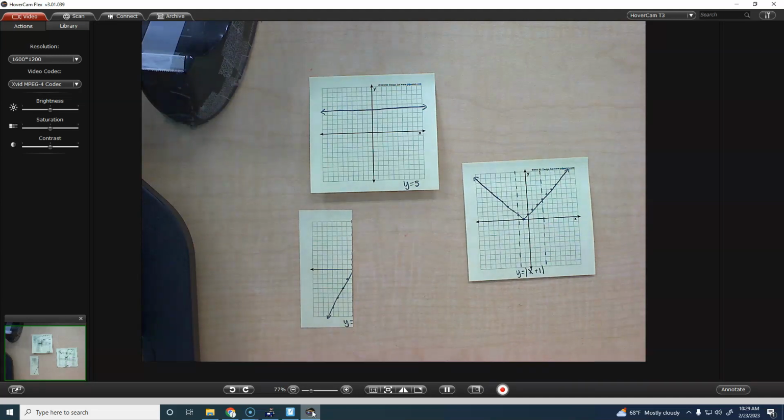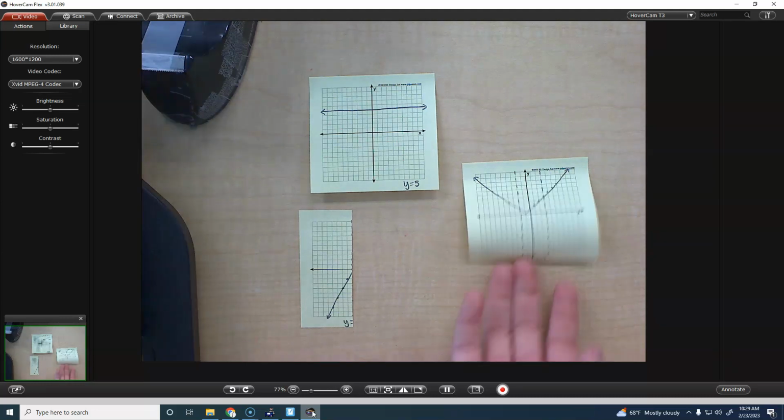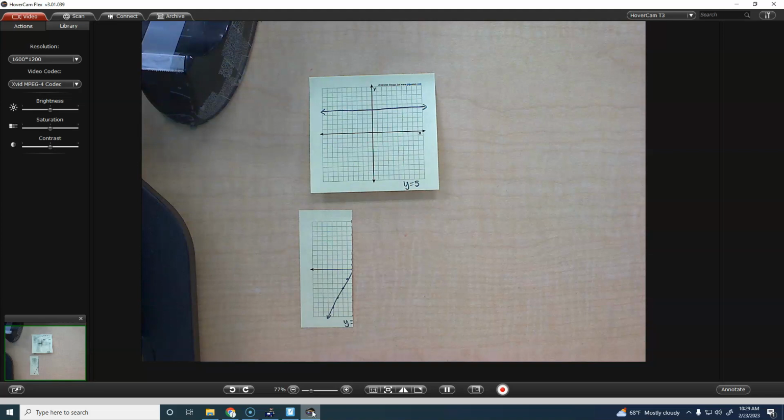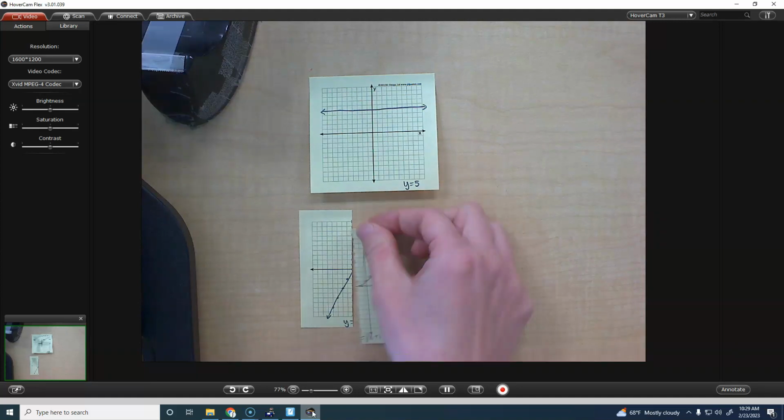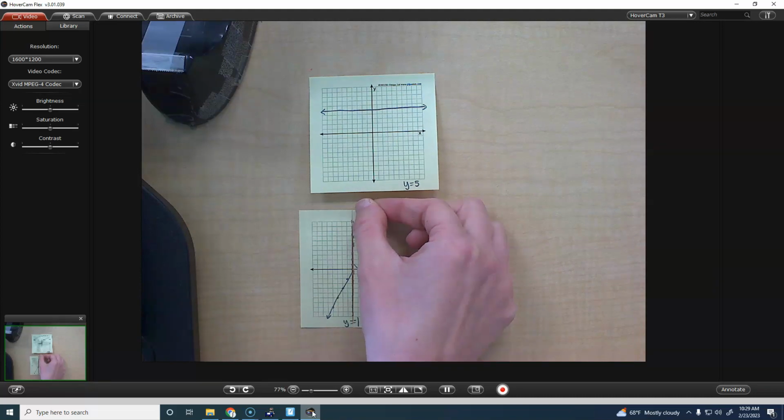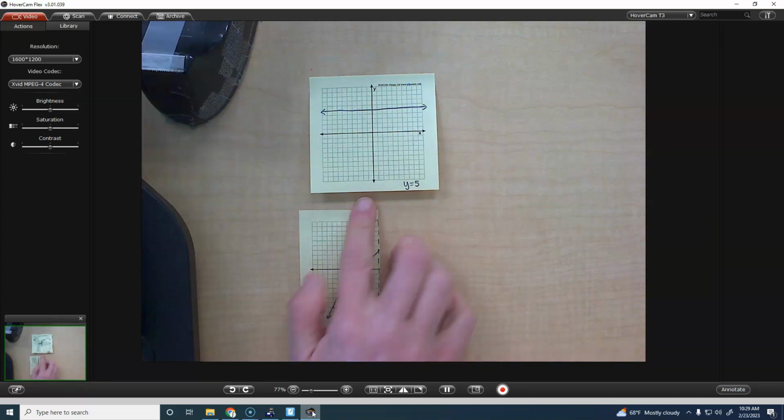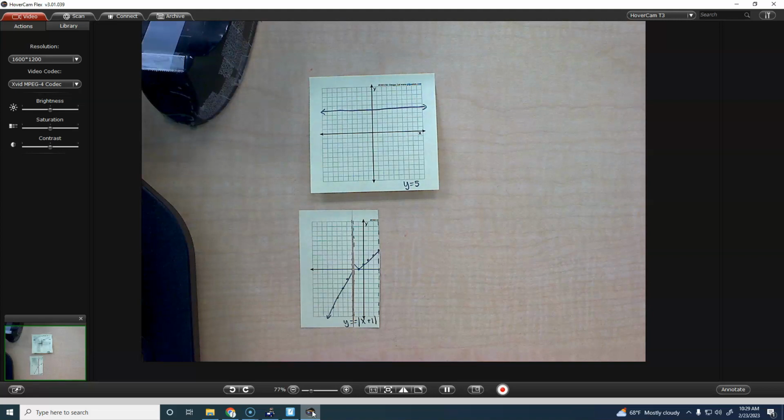And for this one, I want to keep that middle part of the graph. So I'm crumpling up the top and the bottom part and keeping that middle section. And then I'm going to line it up next to my other piece of the graph.